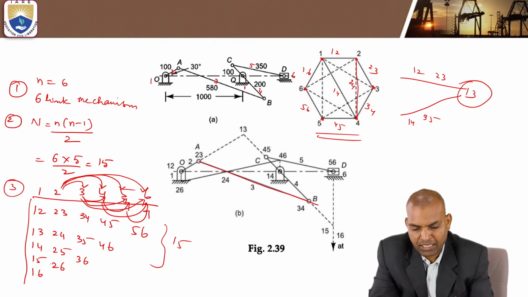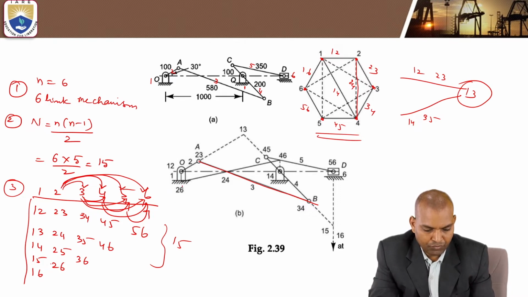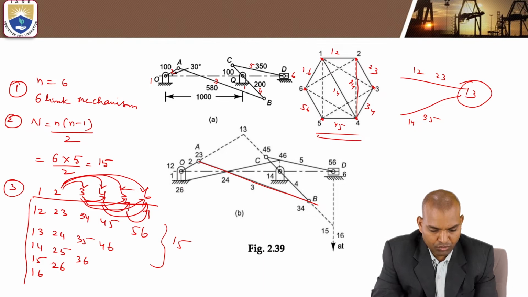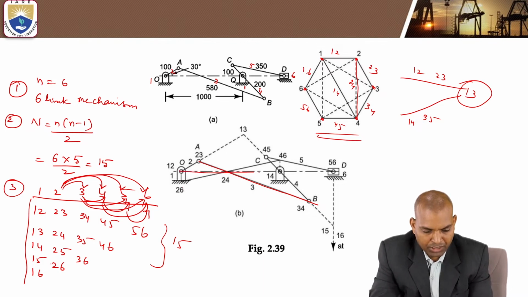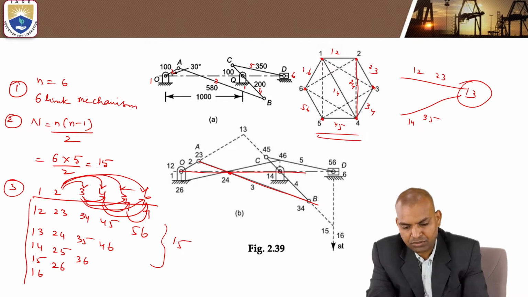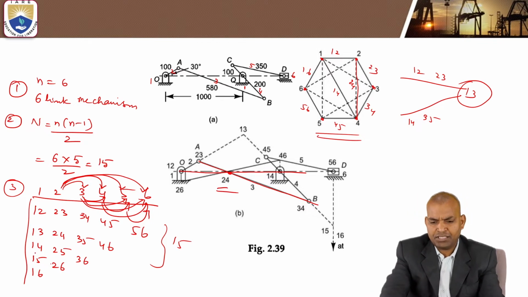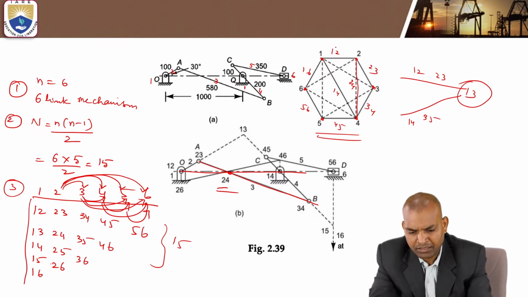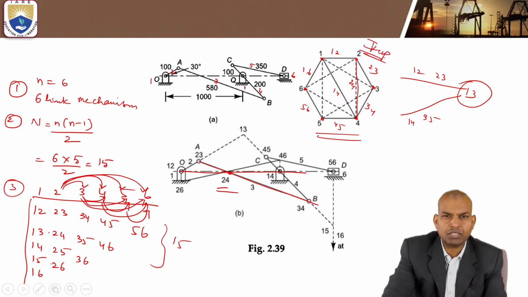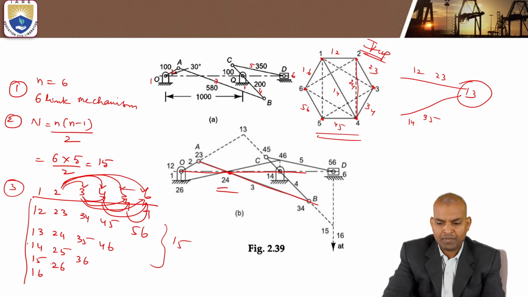Next line: 1 2 and 1 4, where is 1 2? This is 1 2 and 1 4. This 1 2 1 4 extension, when joined, intersects the other to give 2 4. This table is so important. With the help of this, we can locate all the I centers.